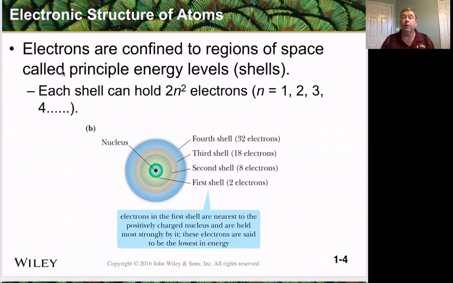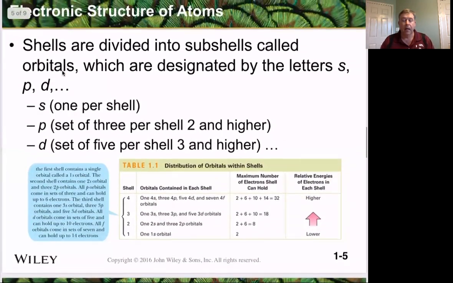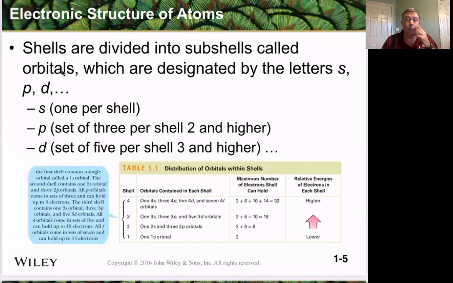With most of the carbon compounds that we have, we're going to talk specifically about the electrons in the second shell. Because the shells are divided into subshells, which we call orbitals, and these orbitals have different shapes. In our innermost shell, we only have an s orbital, and it contains 2 electrons.